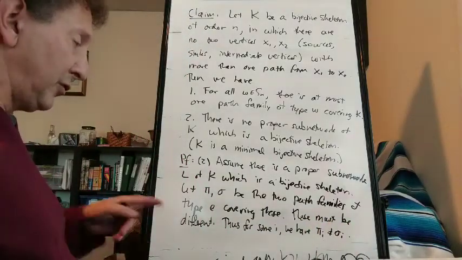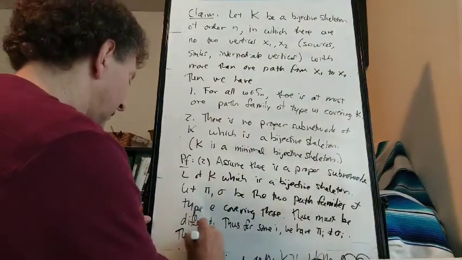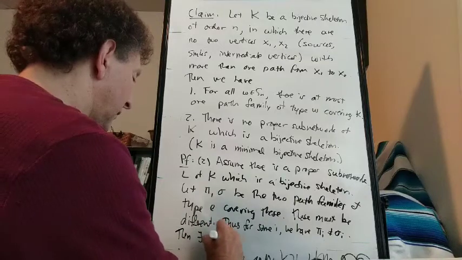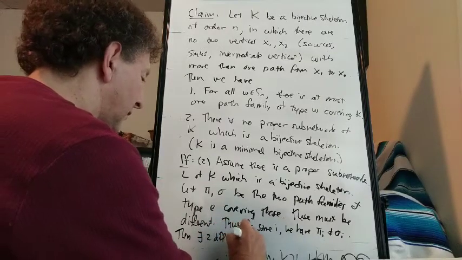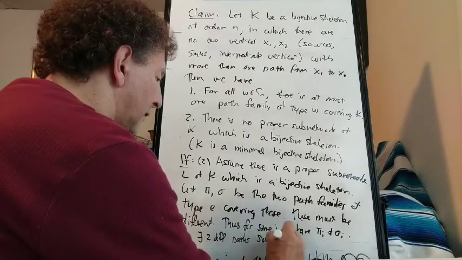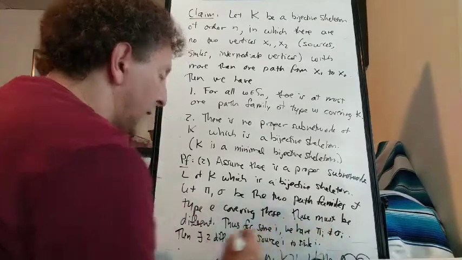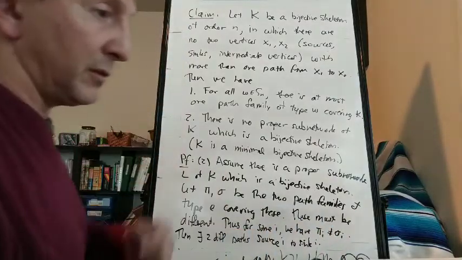But then again, there's two different paths from source i to sink i. So that's all there is to it.